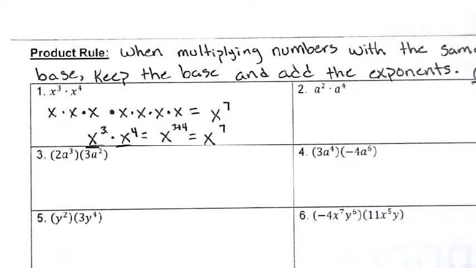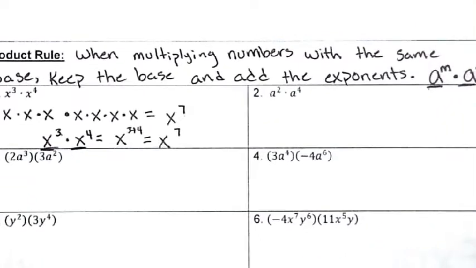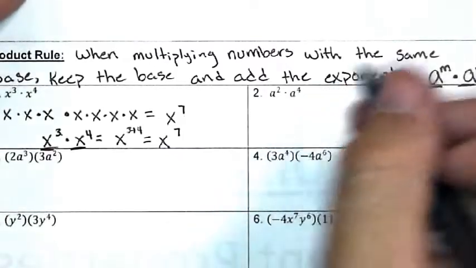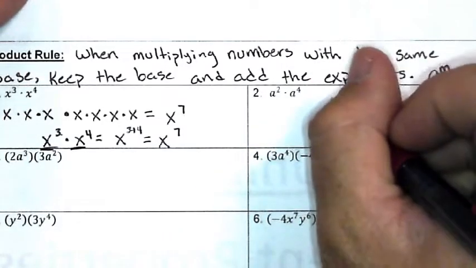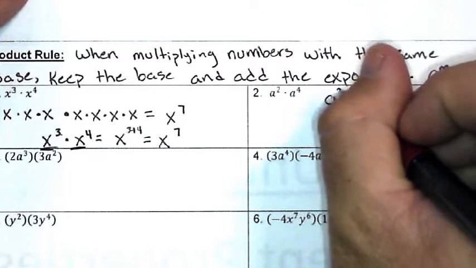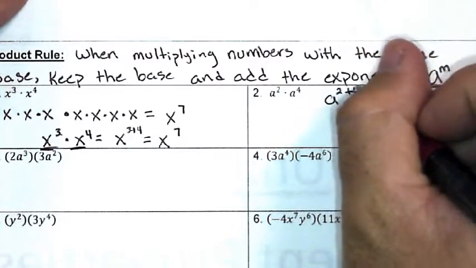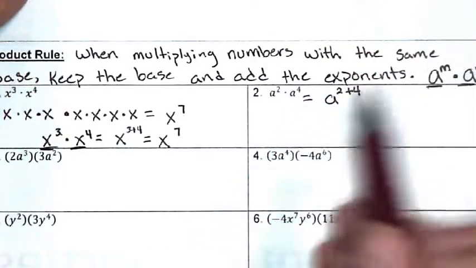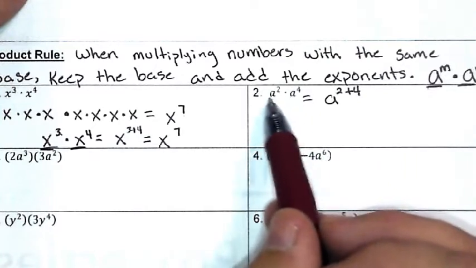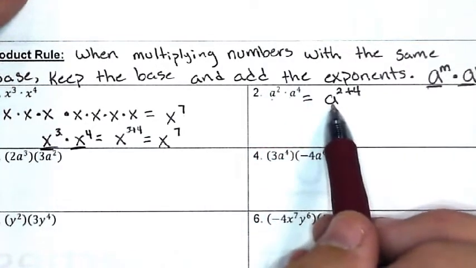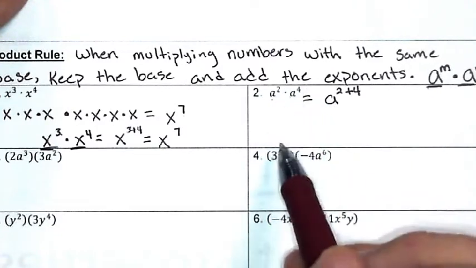Now, example number 2, same thing, but my base is now what variable? A. So I have a to the power of 2 plus 4 because multiplying variables of the same base, you just keep one base, and then you just add the exponents together.